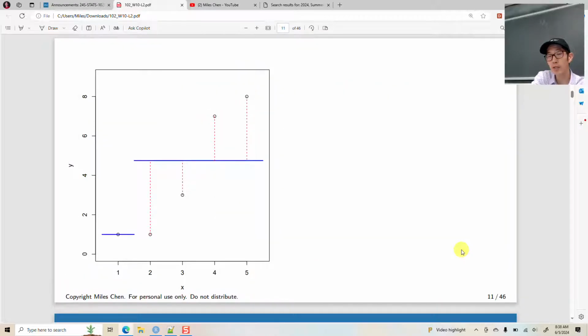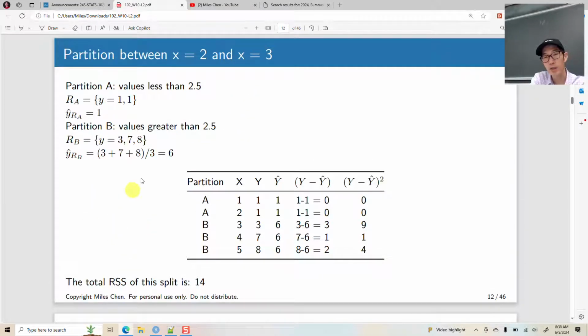This is the picture there. These four are together, and here we got no residual. Now I can try a split between 2 and 3. In partition A, we have these two observations, y is 1, y is 1, so I'm going to predict 1, and I get 0 squared residual there.